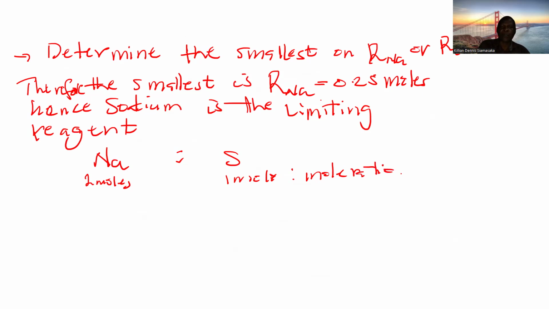And here, the number of moles is 0.5 moles, which gives us X.